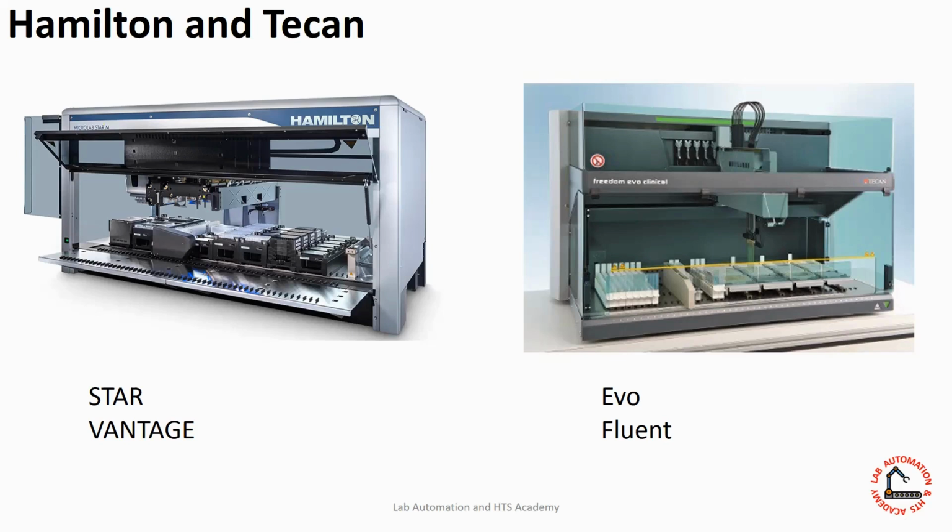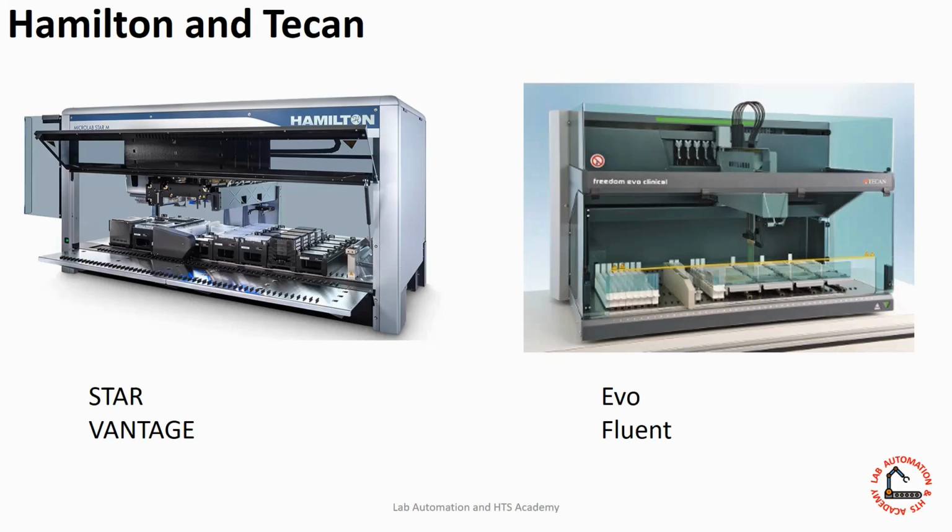For example, for Hamilton, we have a smaller system called Nimbus. That is good for a shorter workflow or a smaller procedure that you want to automate, for example your DNA extraction. That probably needs just a few steps and you can easily do it on the smaller liquid handler.